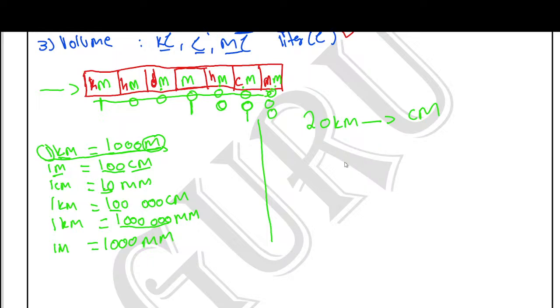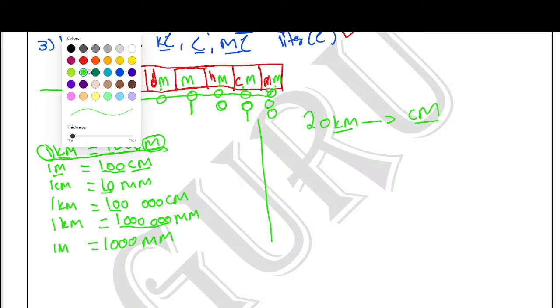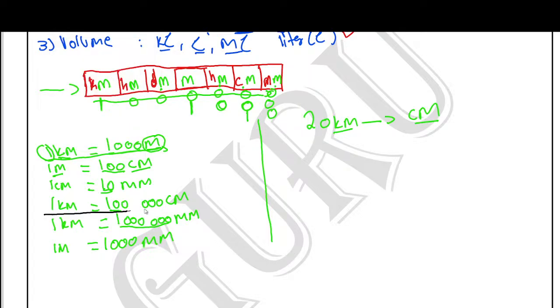Right. Now, because we are talking about kilometers and centimeters, we must go to our metric system here and collect the relationship between kilometers and centimeters. According to the metric system, it says 1 kilometer is equal to 100,000 centimeters.